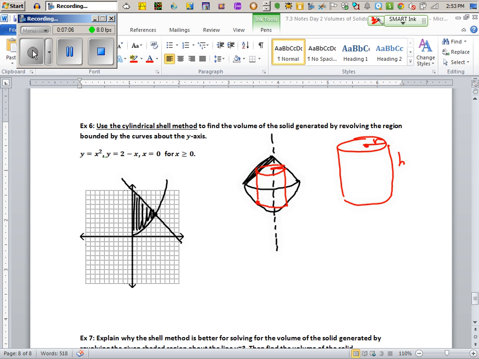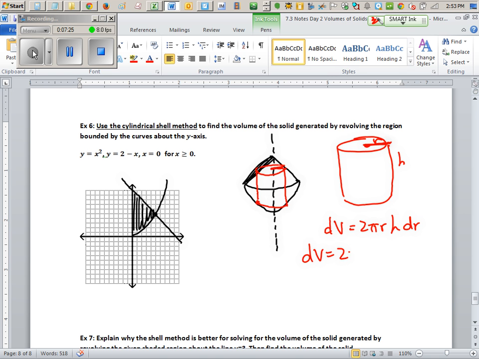Okay, so the differential volume is 2 pi r h dr, as we studied in class. And the radius is simply horizontally drawn, so let's assume it's x. So we'll just go with dV equals 2 pi x. And the height is from here to here, which is between the curve y equals 2 minus x and y equals x squared. So that height is literally 2 minus x minus x squared.